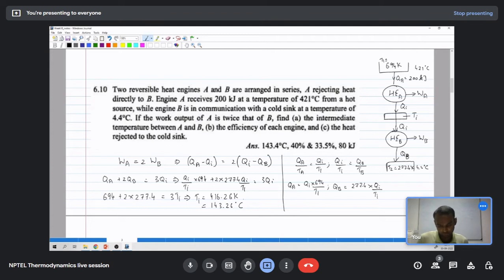Now we have calculated the intermediate temperature. Now we have to calculate the efficiency of each engine and the heat rejected to the cold sink. Efficiency, now we have the temperature, we can calculate the efficiency easily.